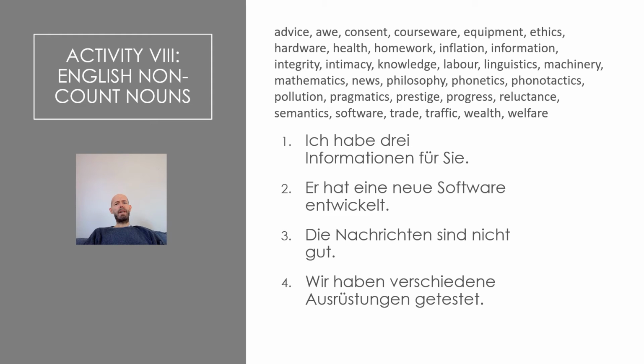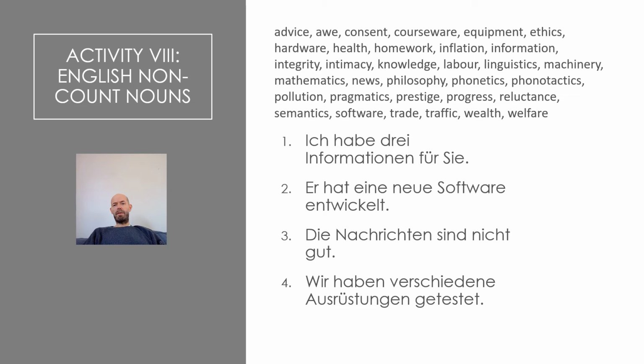So if you want to say, ich habe 3 Informationen für Sie, how do you say that in English? Well, I have 3 pieces of information for you. Okay. There are lots of nouns like this, of course. I've provided a whole list here of these nouns, which you can read through for yourselves.